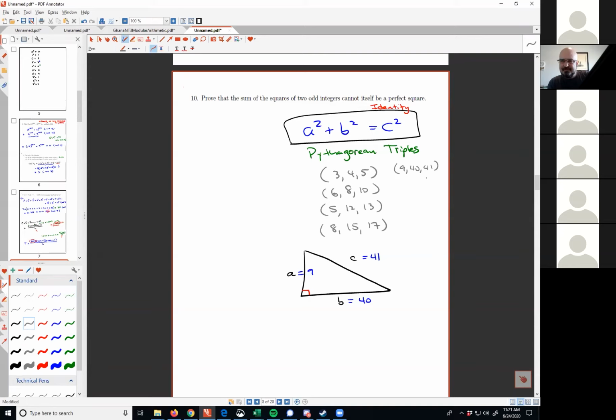Sorry, like you can choose 16, 9, 25. When you add 16 plus 9, you get 25. So the 25 could be C, which is the hypotenuse, and then the 9 or the 16 could be A or B. Oh, you're talking about the 3, 4, 5? Yeah.